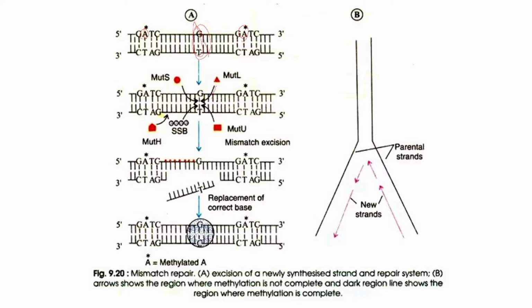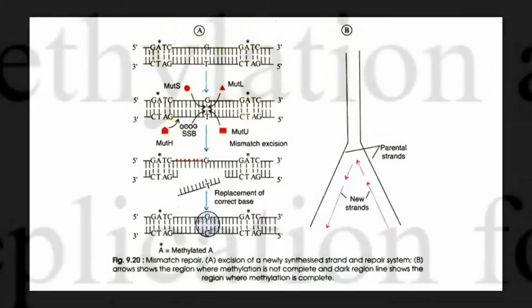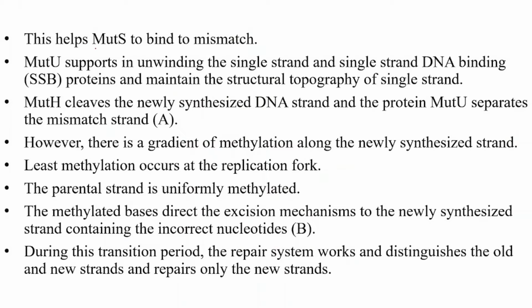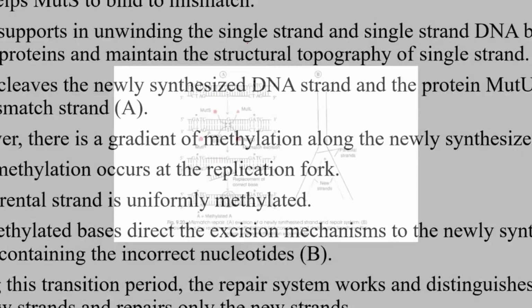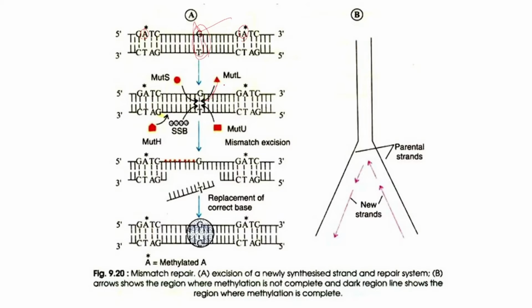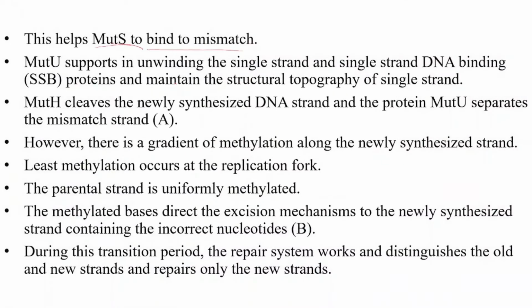G always binds with C and T always binds with A. So here a repair must be done. So Mut L recognizes the damage. Then this helps Mut S to bind to the mismatch. When Mut L finds the damage, Mut S binds to the damaged site, that is the mismatch pair.